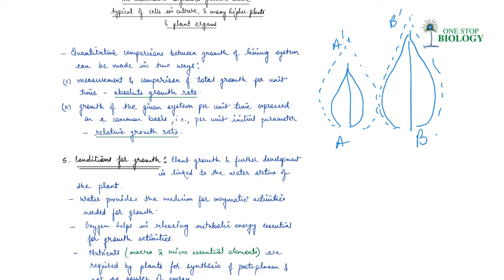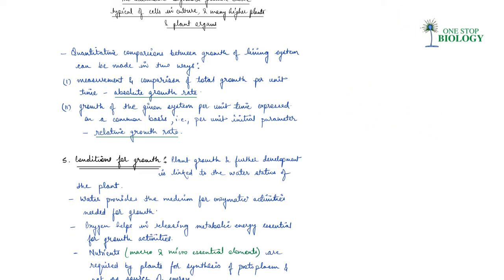Okay, so if we see the absolute increase of A dash and B dash, B dash is still the larger one. But if we see the relative growth rate, leaf A is showing a relatively higher growth rate, right? So basically, we can measure it in two ways. Either it can be absolute or it can be relative.